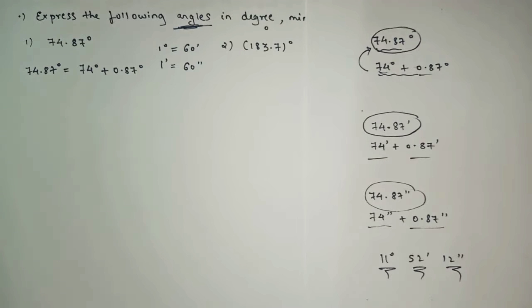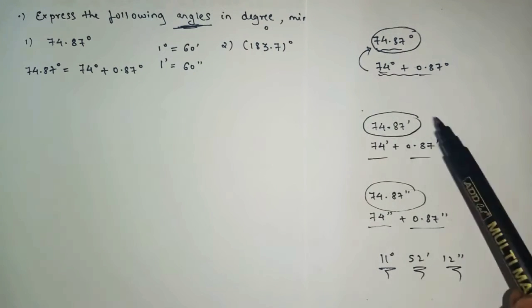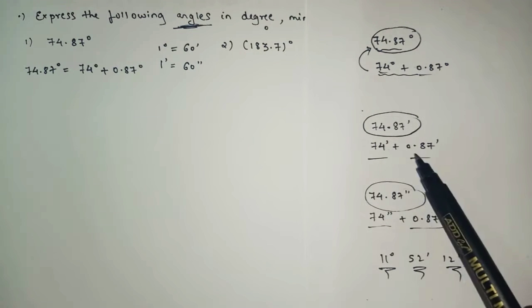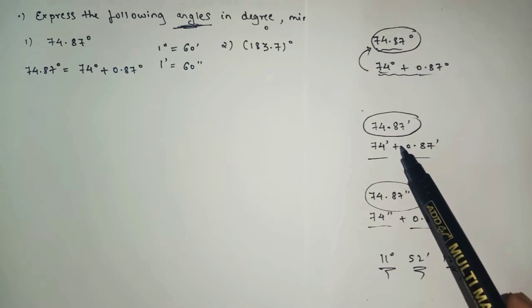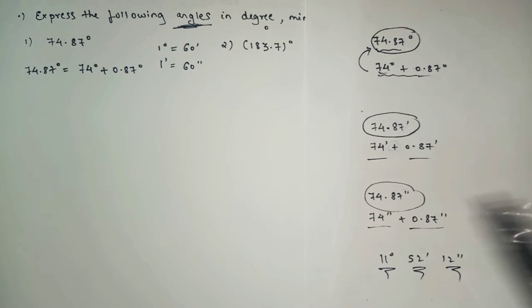Understood the first step? Whenever you come across a decimal for degree, minute and second, this is the process. You break this number by writing a plus in between. Understood?